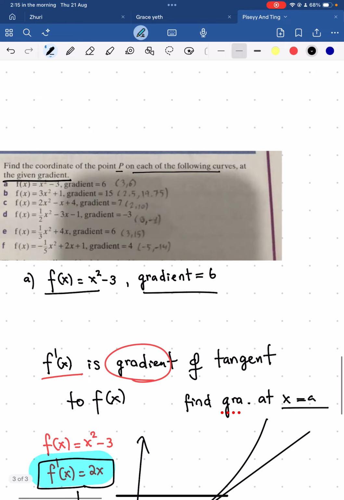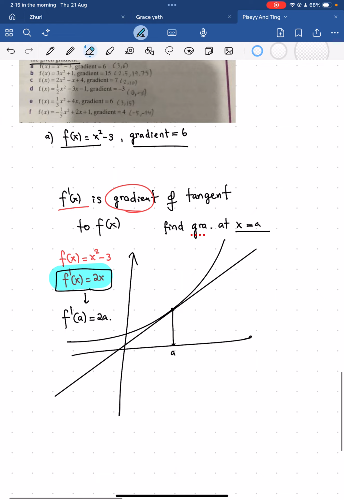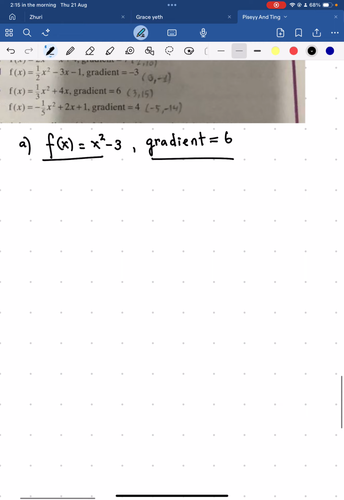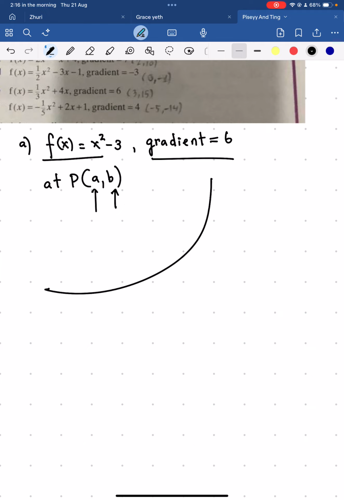That's it. So for your question, they say the gradient is 6, right? Let me denote P as (A, B), where A represents the x-axis and B represents the y-axis. For f of x, it's a curve like this, just as an example, but the purpose is to understand what the gradient is.